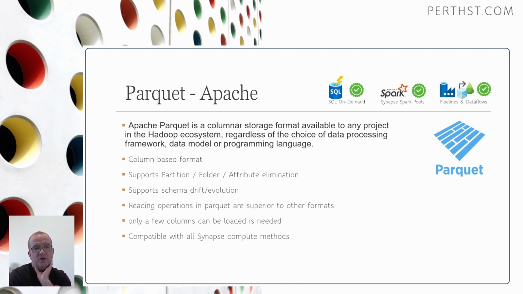It's a columnar-based format which supports partition, folder, and attribute elimination. It supports schema drift and evolution, and reading operations in Parquet are far superior to other formats. If only a few columns want to be loaded, this improves performance even further. It's compatible with all the different Synapse compute methods.